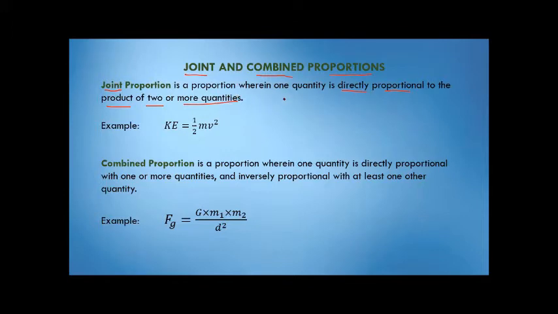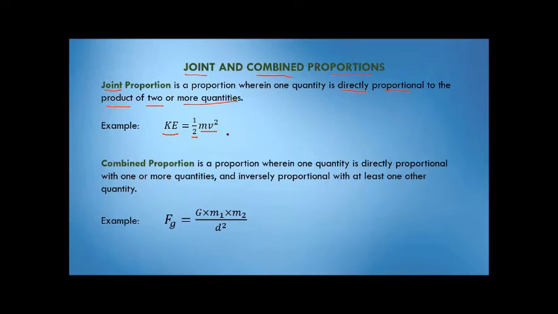So, direct proportion siya ng one quantity to two or more na nakaproduct. So, katulad nito, ito yung isang quantity, naka-equate siya sa product ng two or more quantities at meron siyang constant. Okay? So, pag ganyan ang form niya, tinatawag siyang joint variation.